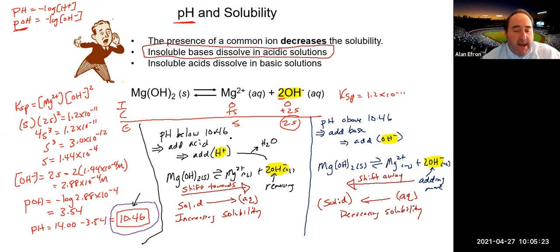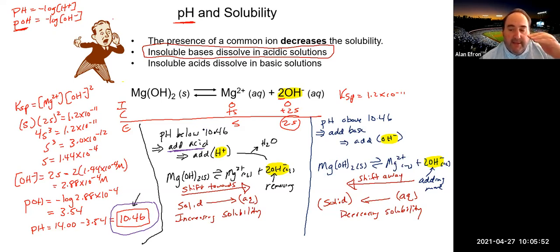In this case, I don't necessarily have to get the pH below 7. I could bring it down to like 9. I could bring it down to 8. And you will see a pretty big increase in the solubility, even though the pH is still basic, because it is more acidic than the baseline pH for the solution.